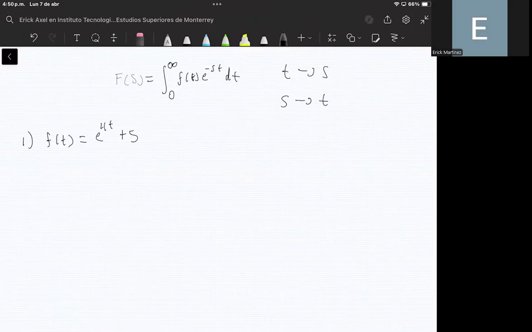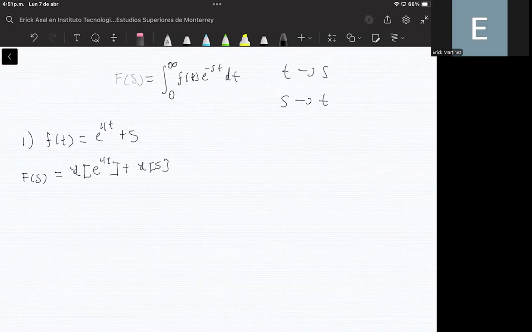So we know that the function F of s is equal to the Laplace transform of e elevated to the 4 times t plus the Laplace transform of 5. We can apply the Laplace transform to each term individually.